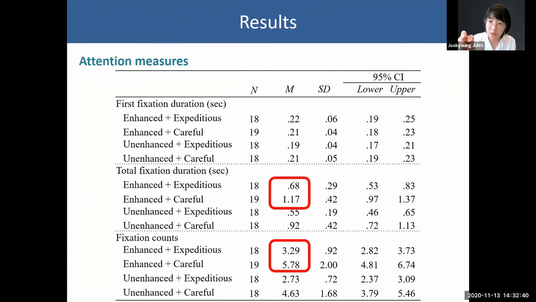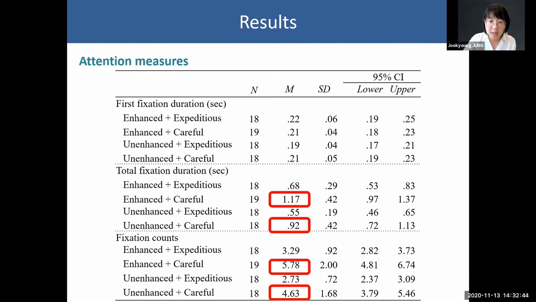There were target participle phrases, and at the same time, significantly greater fixation durations as well as fixation counts for careful conditions. In other words, both input enhancement, there was red coloring, and careful reading had some positive impacts on noticing the target constructions.